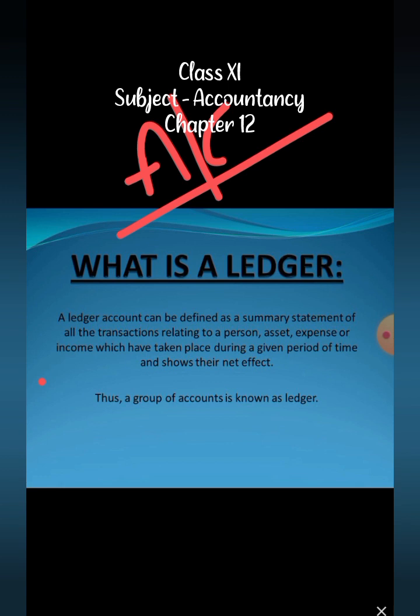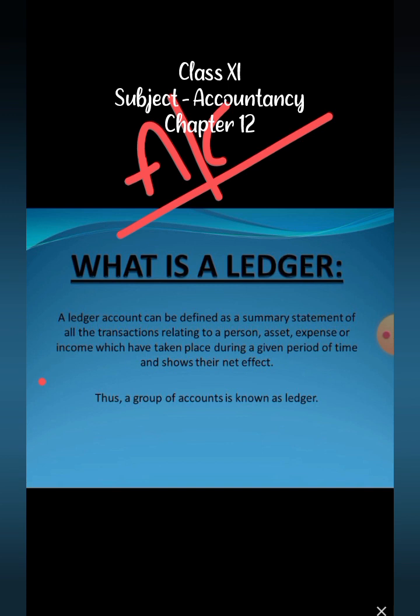Now, a ledger account can be defined as a summary statement of all the transactions. All ledger accounts are prepared to know the balance. It is related to a person, asset, expense, or income. Person means Ram account, Sham account. Asset means machinery account.